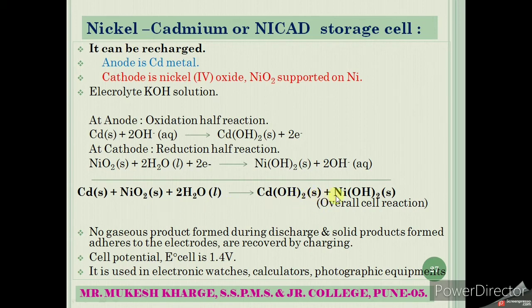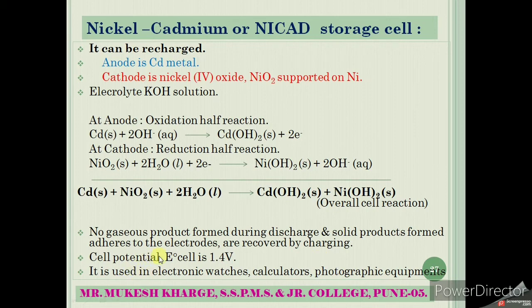So Cd(OH)2 solid plus Ni(OH)2 solid gives Cd solid plus NiO2 solid plus 2H2O liquid. So again we get Cd and NiO2 when we carry out the charging of this cell.